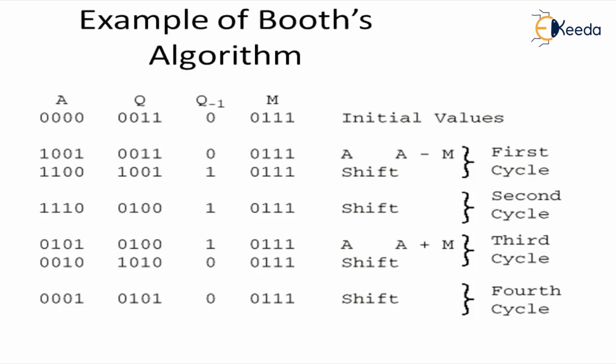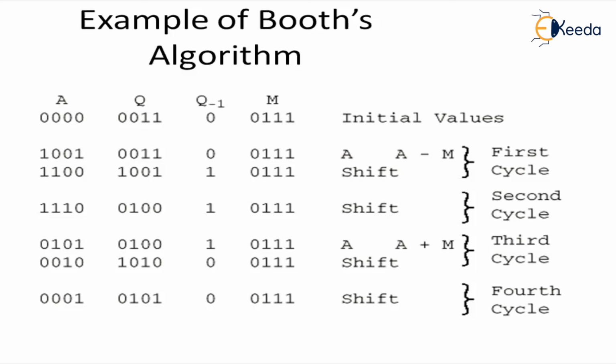You need to keep in mind that the value of Q is very important in the initial stage, and also the last digit of Q and Q minus 1. You need to compare these bits and accordingly perform the operation. Secondly, if you are performing an operation in Booth's algorithm, for example 2 into minus 2, you need to take the 2's complement of the number minus 2.